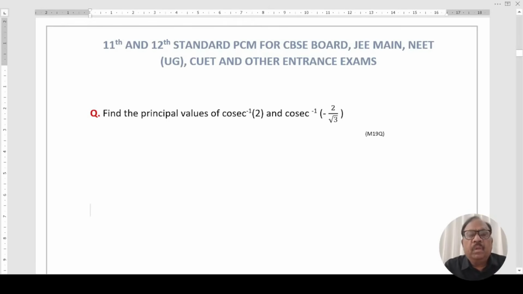Question: find the principal values of cosec inverse 2 and cosec inverse of minus 2 by root 3.